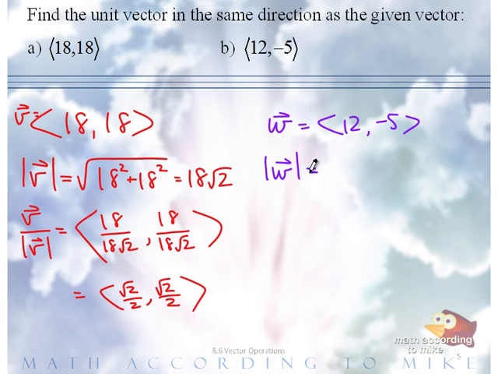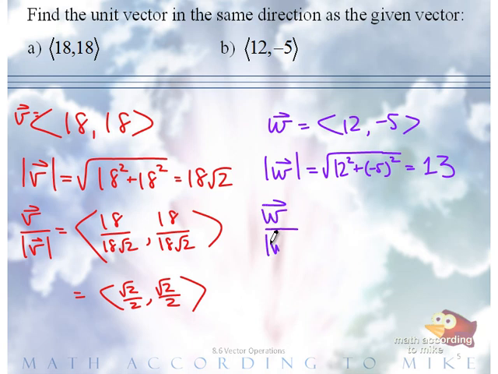There you go, the square root of 12 squared plus negative 5 quantity squared is 13. So dividing each of the components by 13, what is the unit vector in the same direction as vector W?